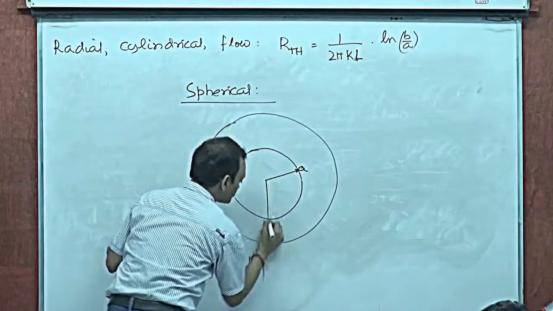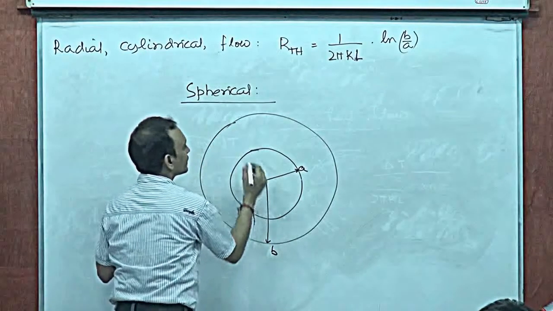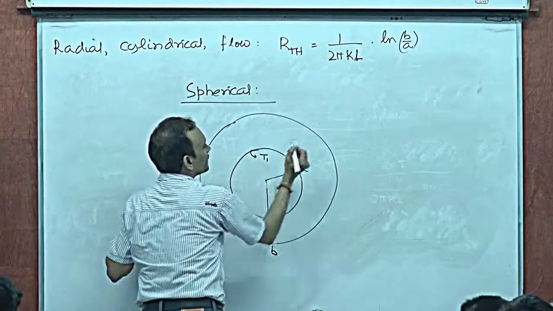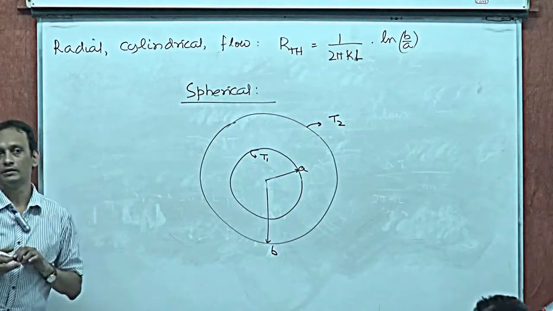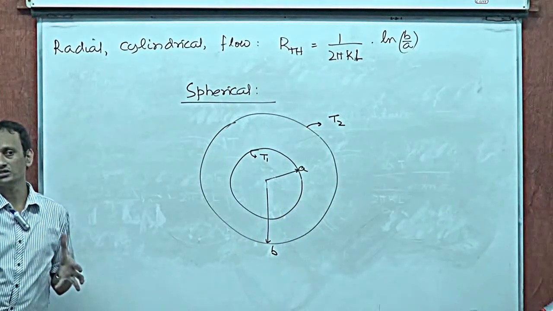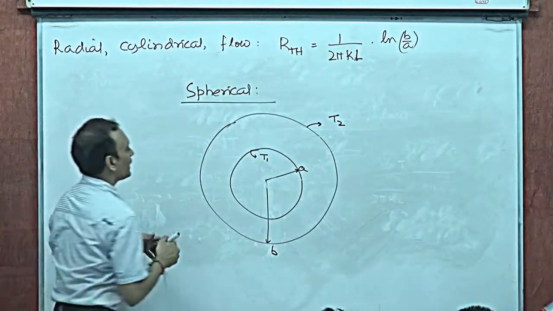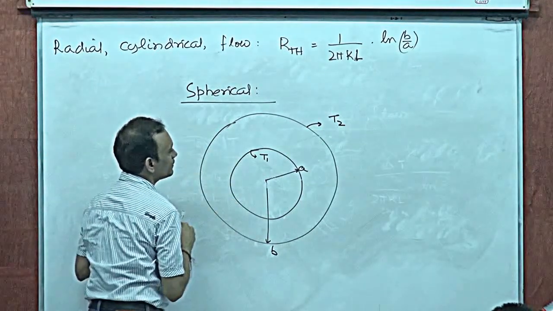A sphere, let's say the inner surface maintained at temperature T1, the outer surface maintained at temperature T2. Concentric spheres, right? And K is the thermal conductivity.